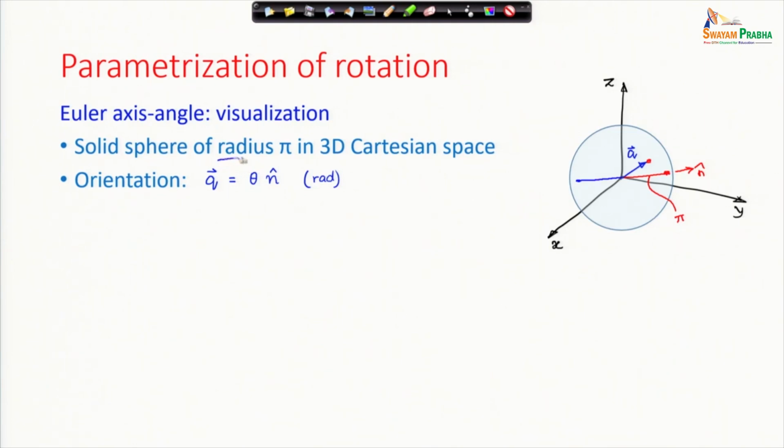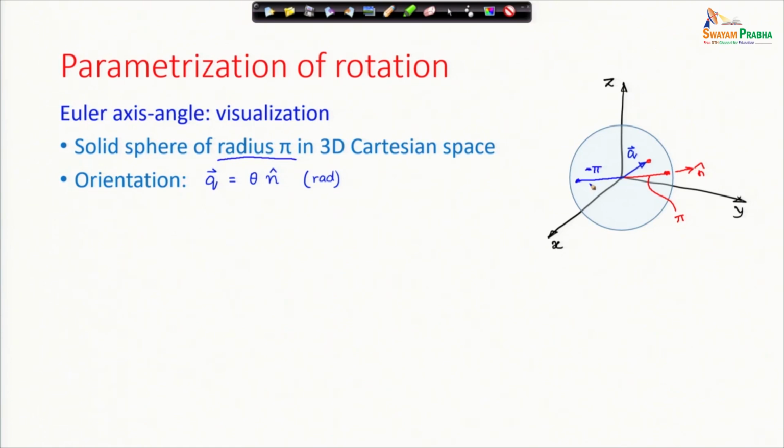Sphere has radius pi. On this side I take pi, on this side I take minus pi, n cap multiplied by minus pi. Then I reach this point.